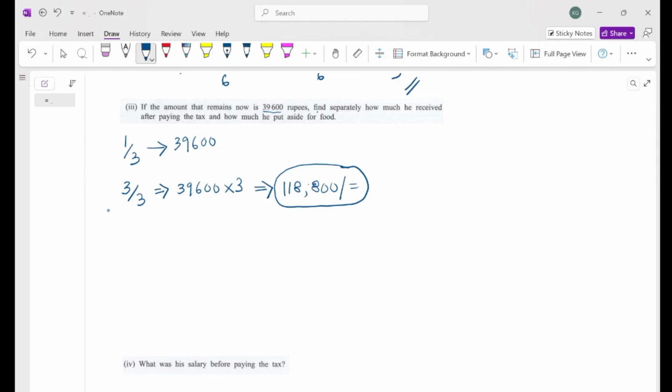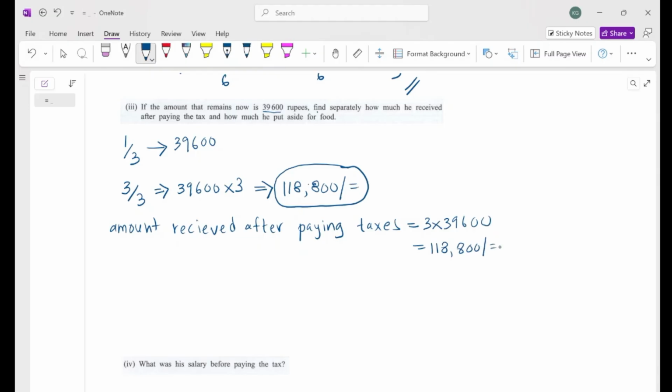Let's write this like this: amount received after paying taxes is 3 times 39,600, that is 118,800 rupees.